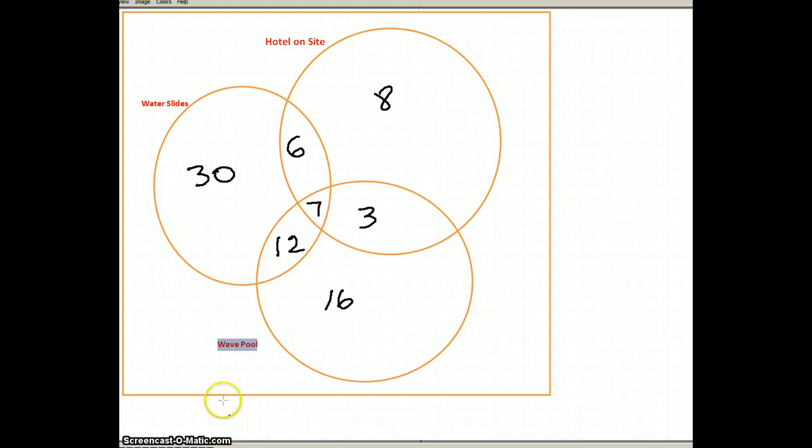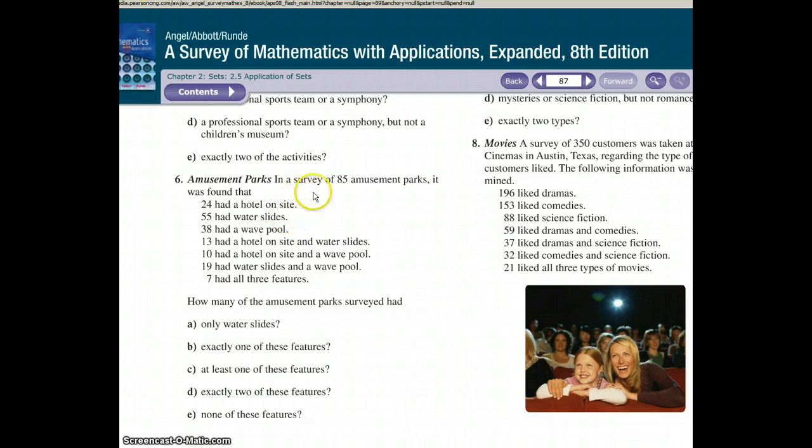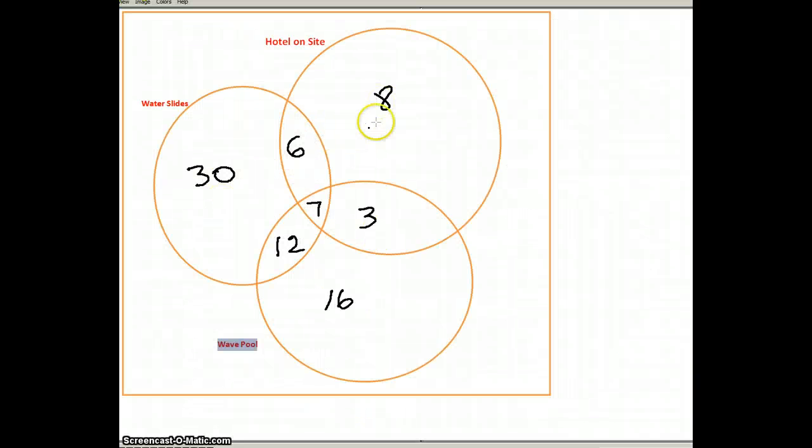So we still have one more entry, the outside here. You know that we are given that the total survey was on 85 amusement parks. We have 85 as total. If we go back to the graph and add all these options, you get 82. But we had 85 amusement parks, and only 82 have these options. So if you subtract 82 from 85, you end up with 3.